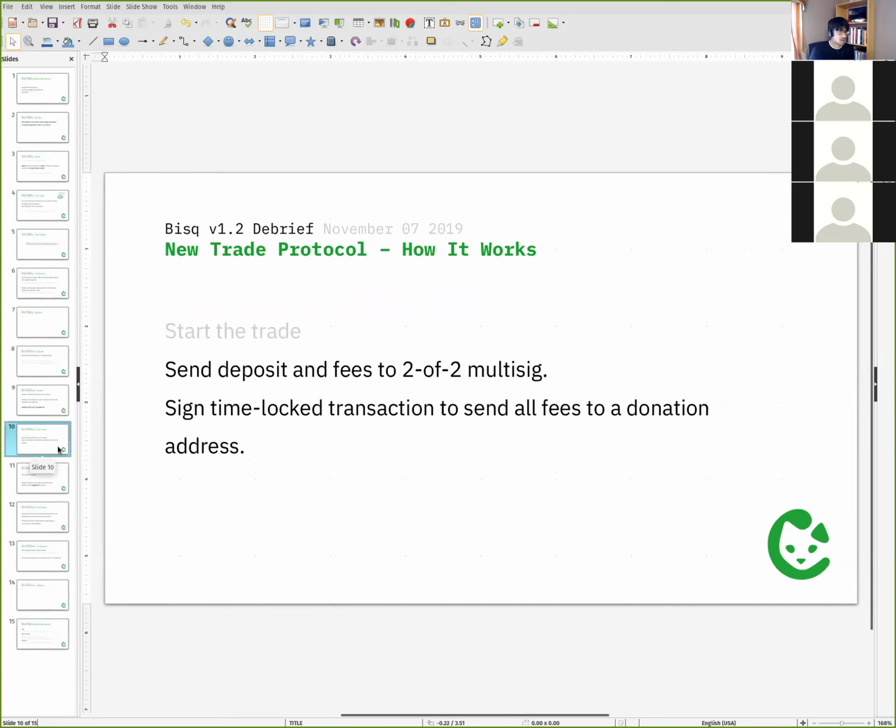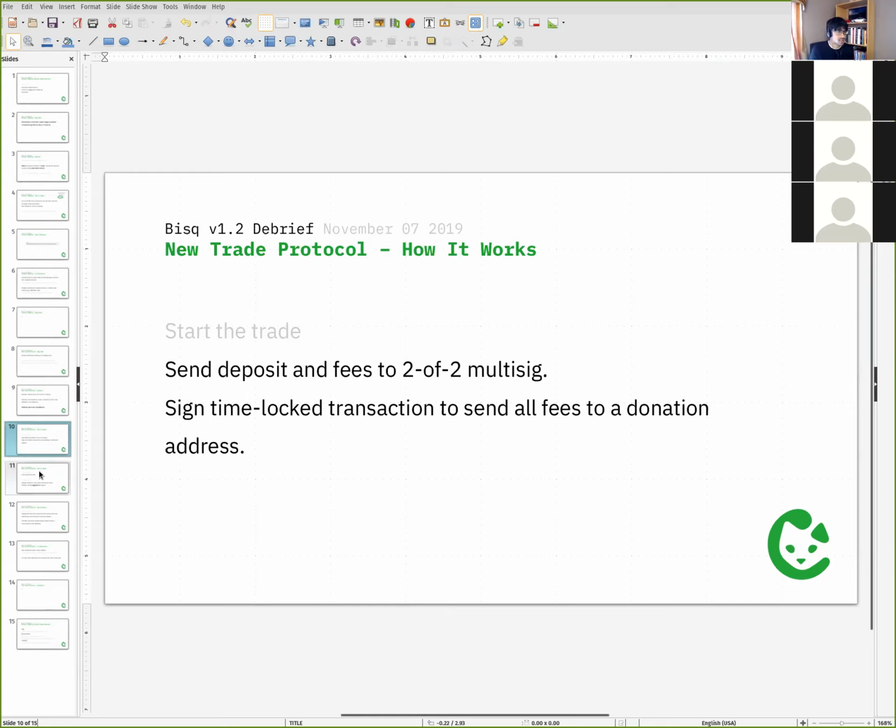So how does it work? Let's go through the process real quick. There's a bit of a difference now when you start the trade. We already mentioned that you're sending your deposit and fees to a 2 of 2 multisig. The other big change is that you're now also signing a time lock transaction to send all the funds in the multisig to a donation address.